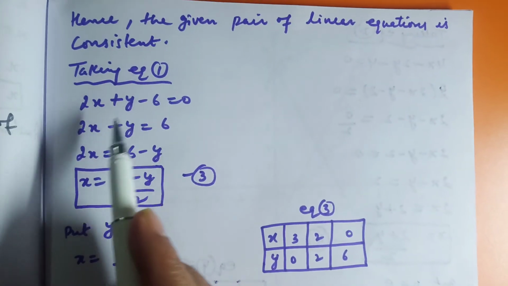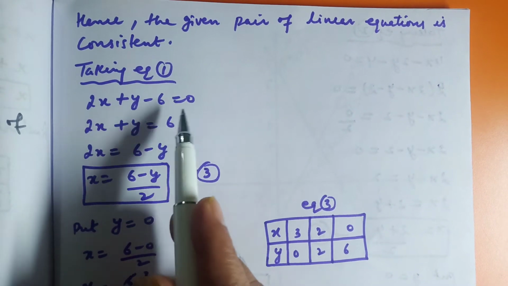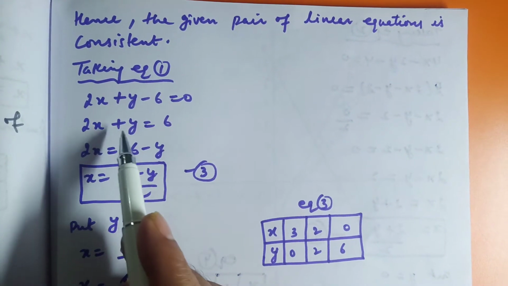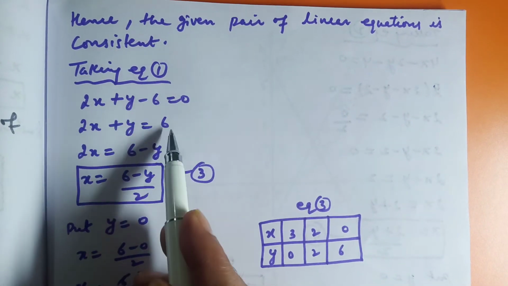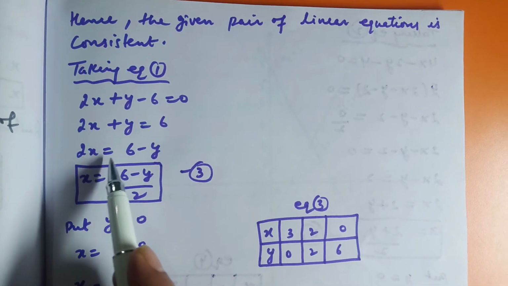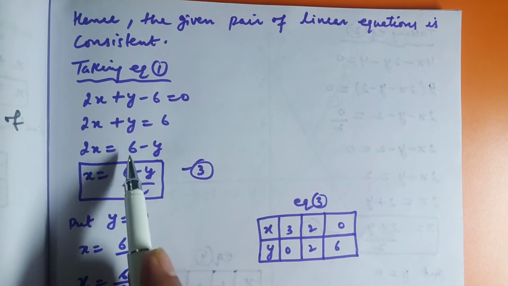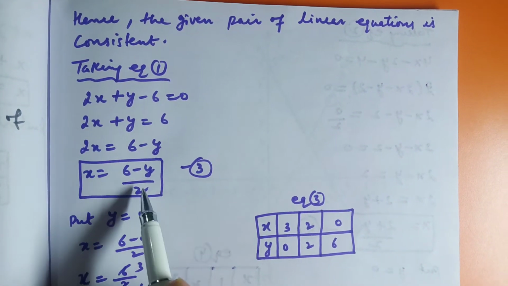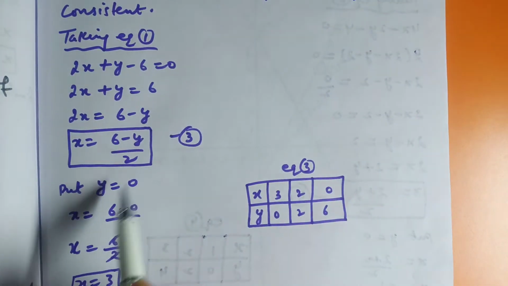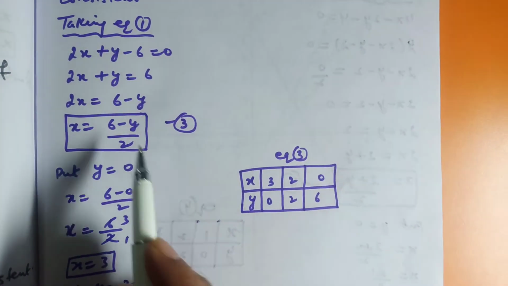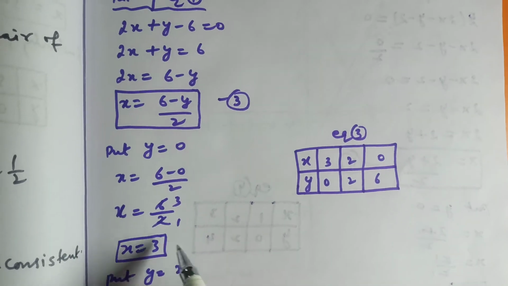Taking equation first, 2x plus y minus 6 equal to 0, 2x plus y equal to 6, 2x equal to 6 minus y, x equal to 6 minus y upon 2. Equation third: put the value of y as 0 in equation third, x equal to 3.